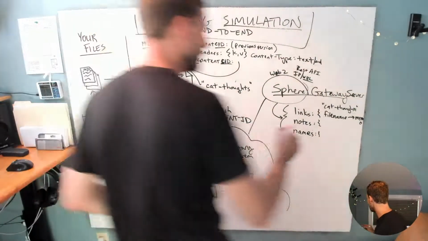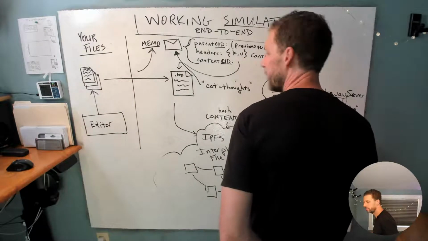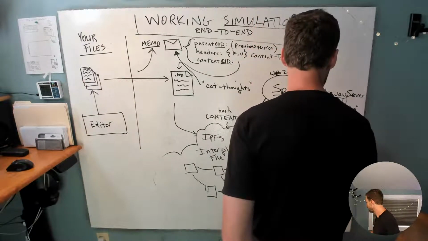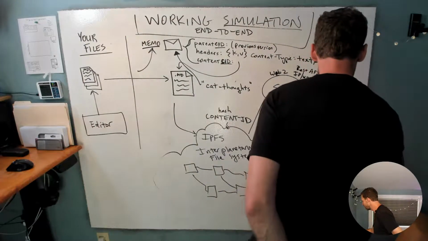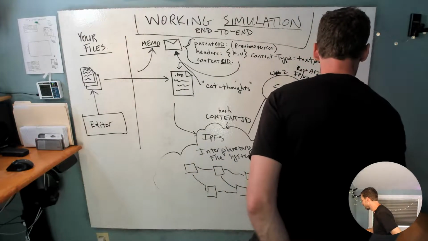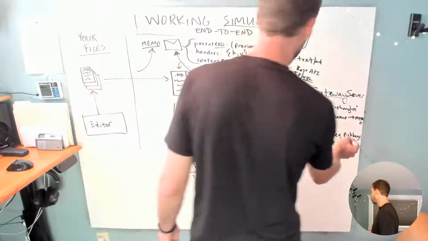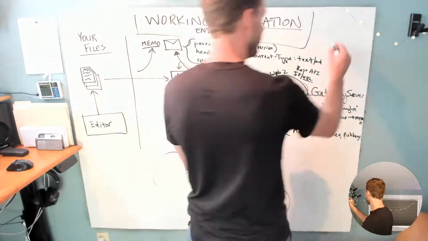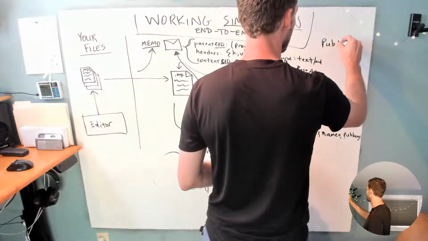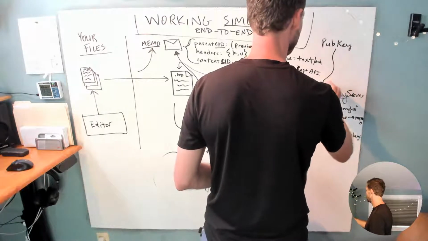Names is really important because it gives me a way of referencing, I guess, human readable names of people to public keys. The reason this is important is because the public key in some way defines the address of the Sphere gateway server.